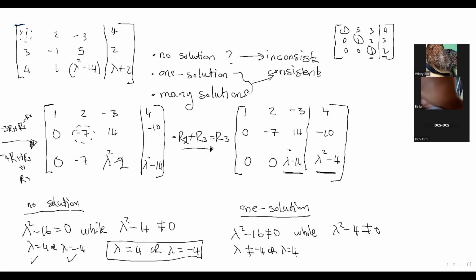Then let me check. If lambda is not equal to -4, I can take any number, and this will give me a number that is not 0. Like, I can take maybe 1, and I'm going to get a number which is not equal to 0.